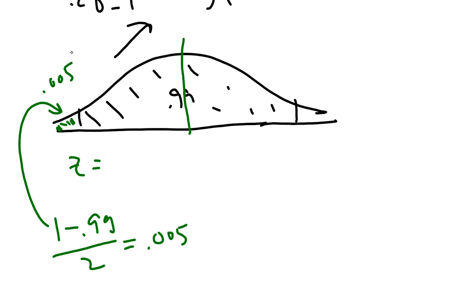Once you have that, it's good to use inverse norm. Oh, that's a little bit sloppy. Hold on, I forgot that. So that's INV and then NORM, 0.005, comma 0, comma 1. To find that function, you do second vars, second distributions, and it's the third item, inverse norm.